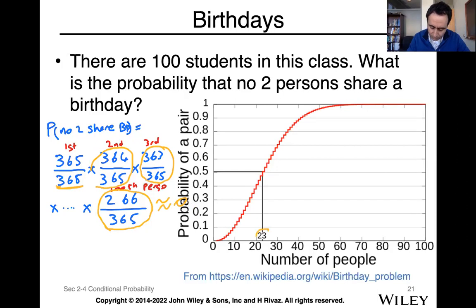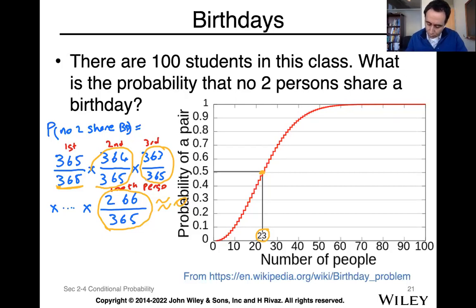If we had 23 people, the chance of having 2 people sharing a birthday is 0.5, right? So that is already counterintuitive. If you're with 23 colleagues, there's a 50% chance that 2 people among the 23 share a birthday. I'm sure that's very counterintuitive to you, right? Because 23 is not that large, right?